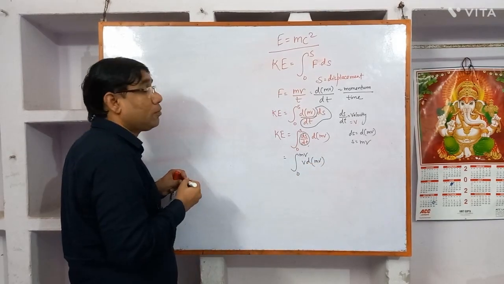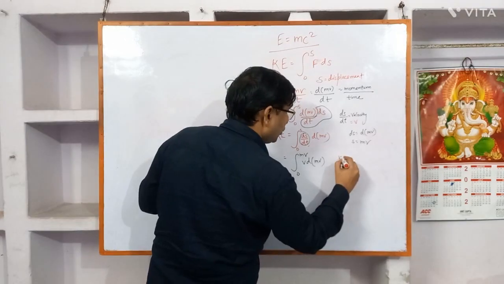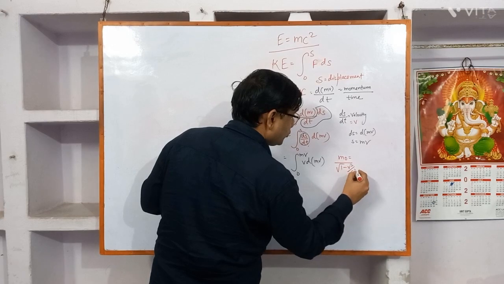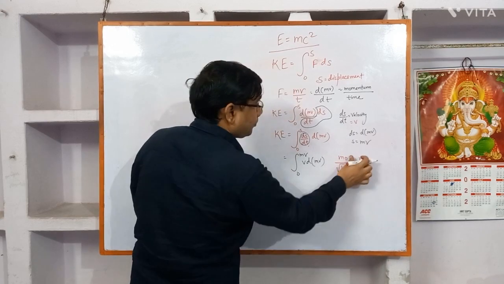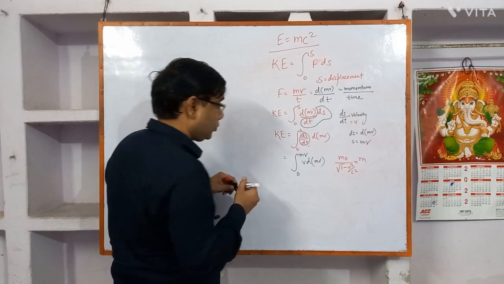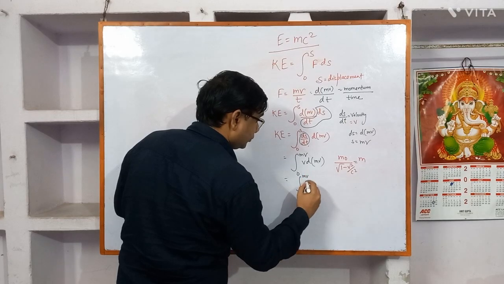Now by the theory of relativity, m0 upon root of 1 minus v square upon c square becomes m, the mass, where c is the speed of light. Put the value, this equation becomes.